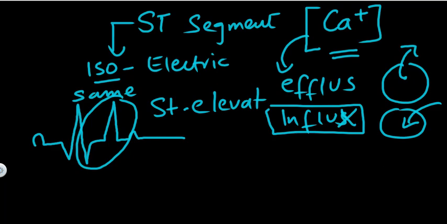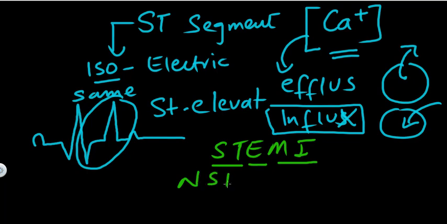And I hope you have heard this term STEMI, which stands for ST elevation MI. There's another term, non-STEMI, and the causes differ, and I'm not going to go into the detail. I'm going to make another video on that as well. But for now, let's suppose you see this ST elevation MI.